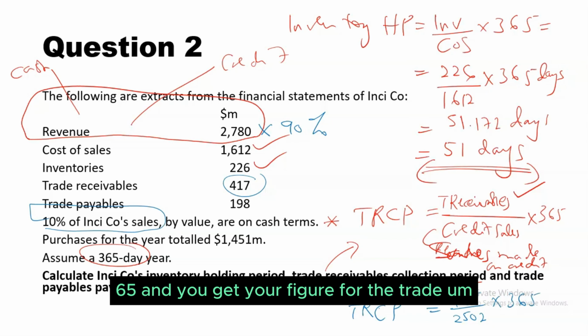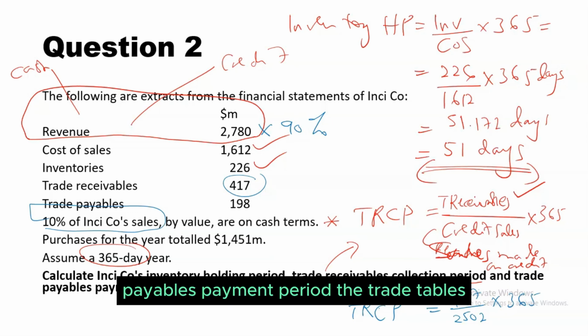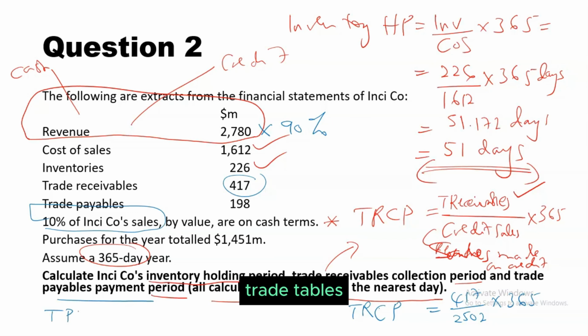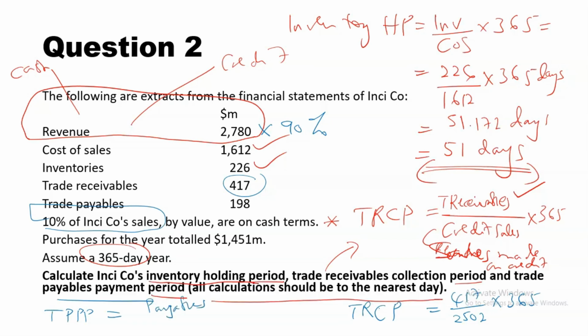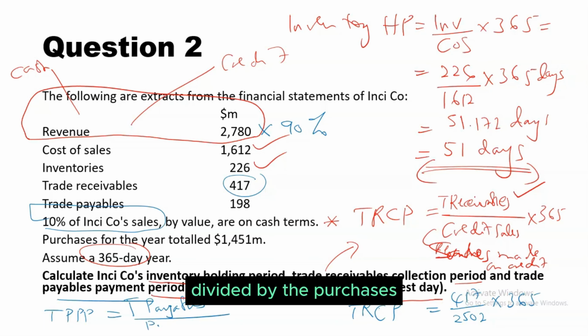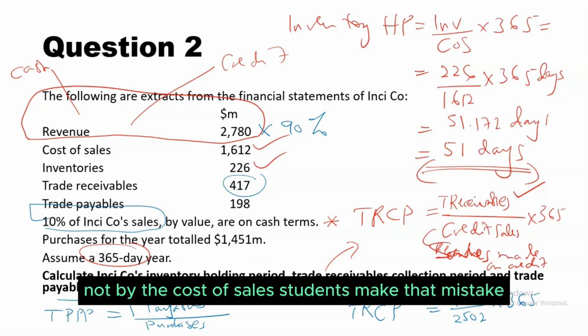For the trade payables payment period, it should be the trade payables themselves divided by the purchases, not by the cost of sales.